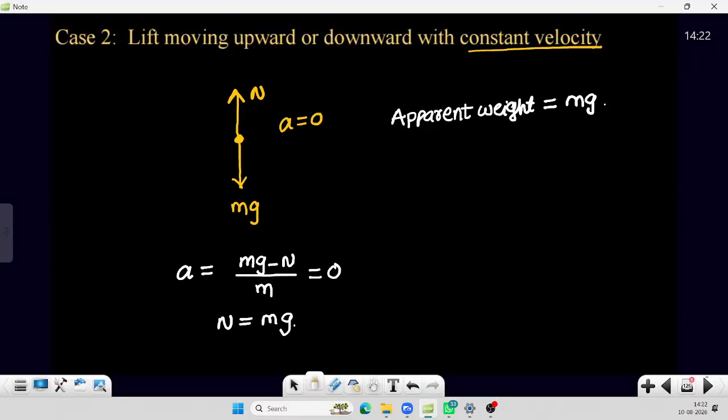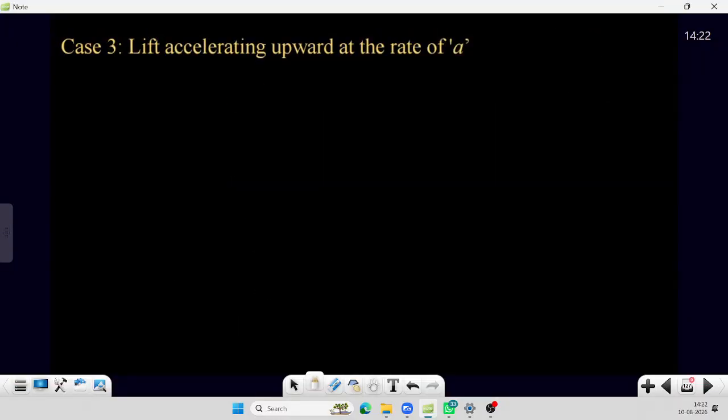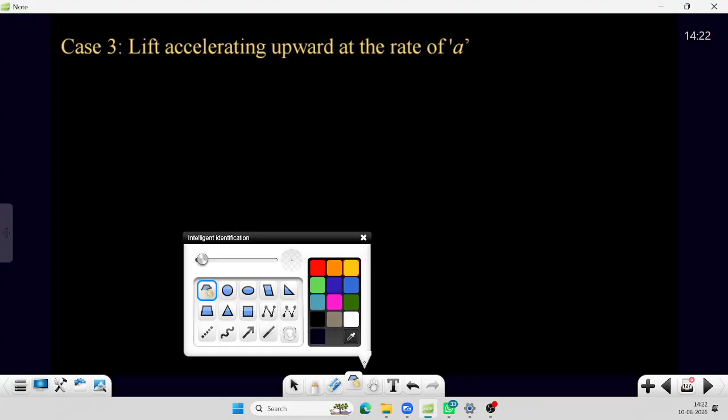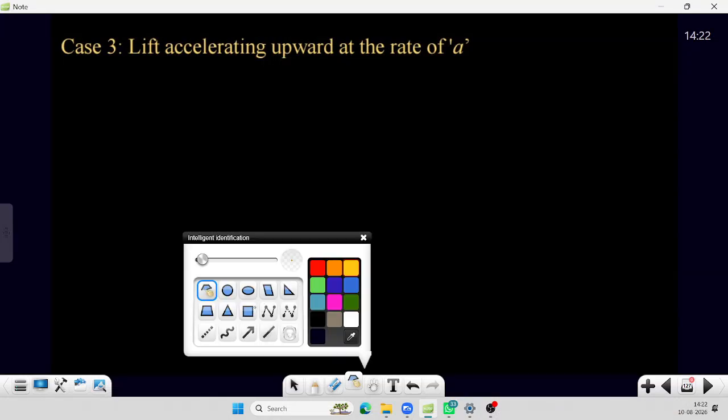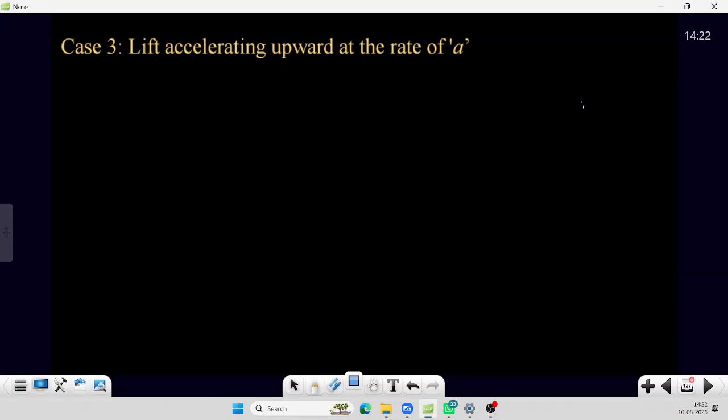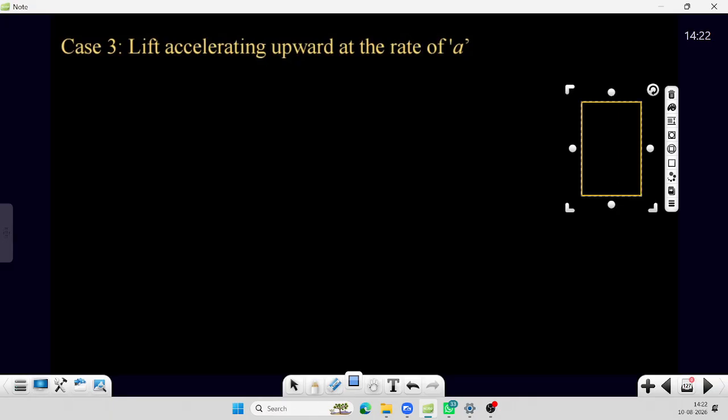Now, let us see some other case. If the lift is accelerating upward at the rate of a, that means the acceleration of the lift is given as a. So here the lift is moving in the upward direction.